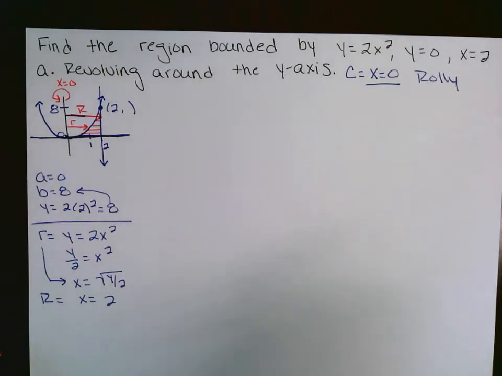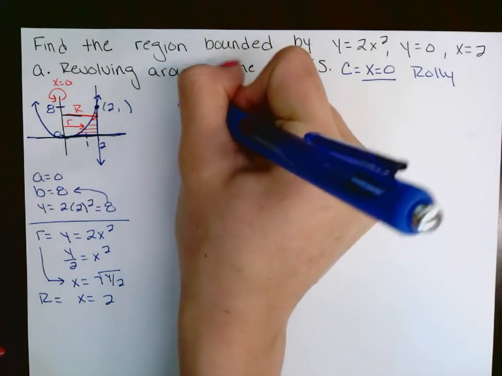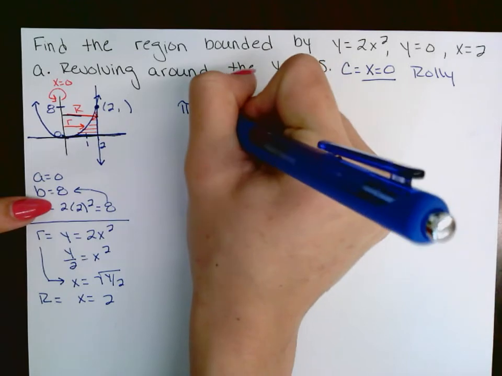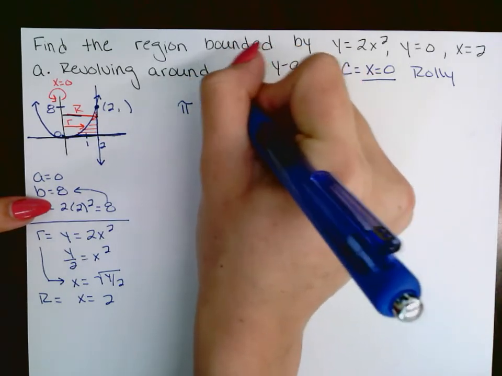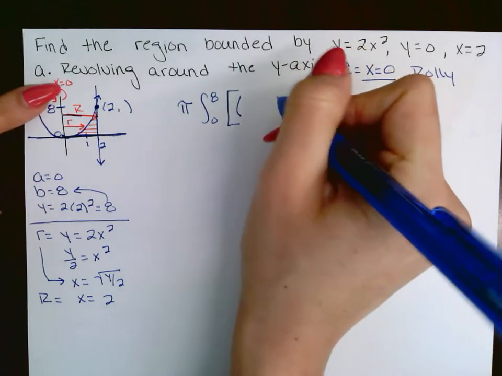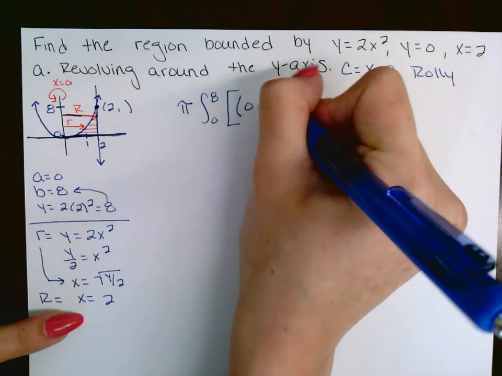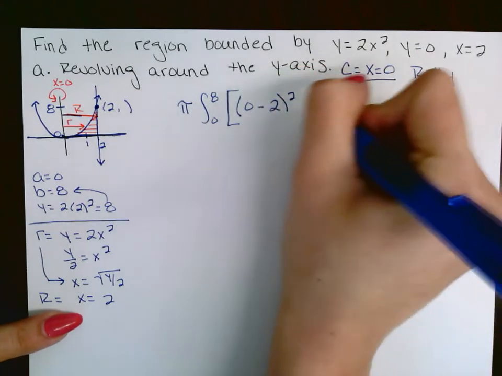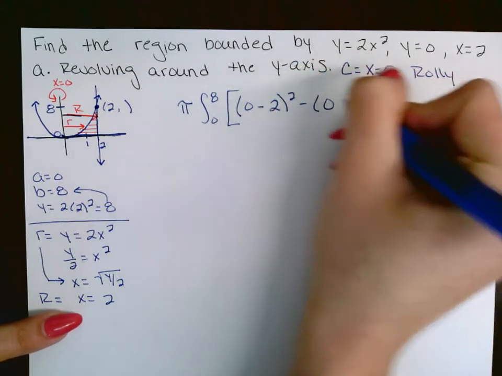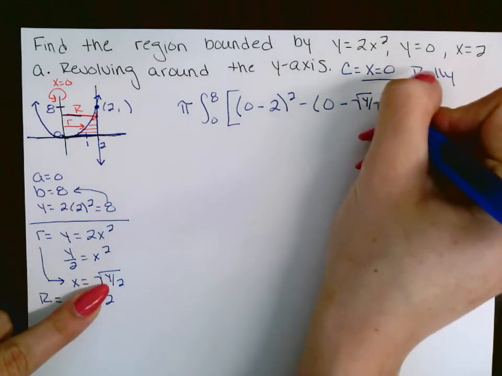Okay? So now I can set up my equation, which is pi times the integral from a to b, from 0 to 8, of c, who's my c? Minus capital R squared minus c, which is 0, minus lowercase r squared.